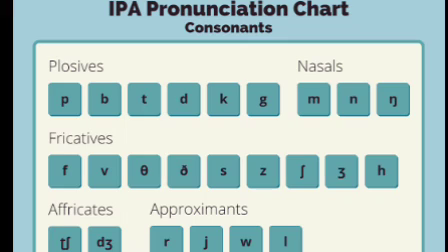And that is where we have some sounds as voiced and some sounds as voiceless. So I would encourage you to go further into different examples of words and exercises in order to get yourself really acquainted with each consonant sound in English.